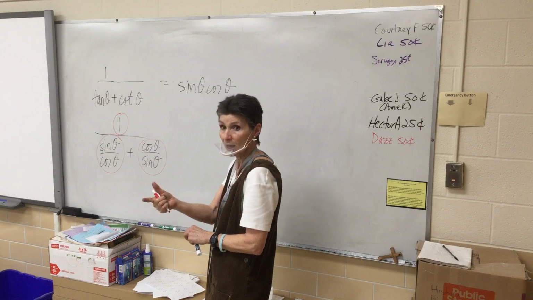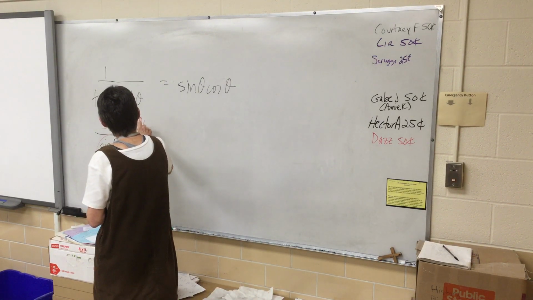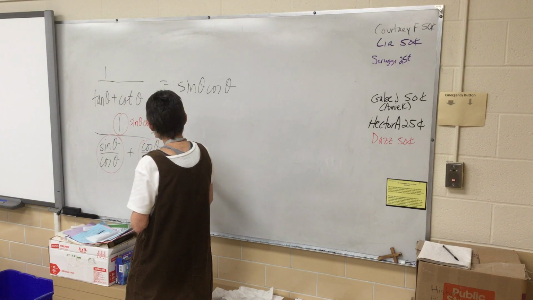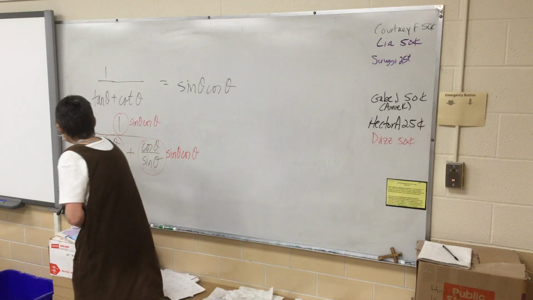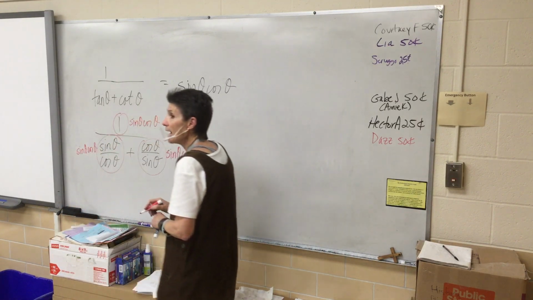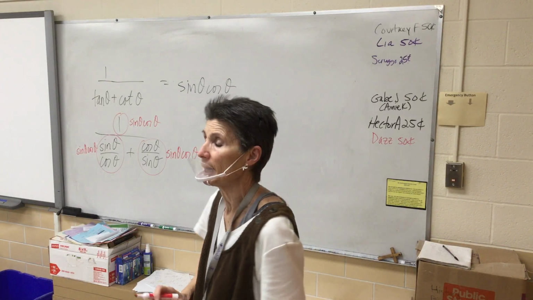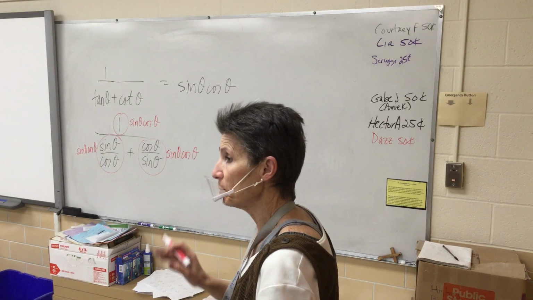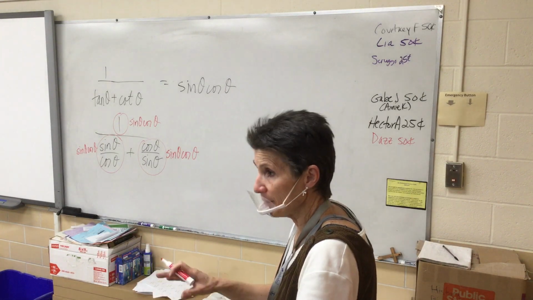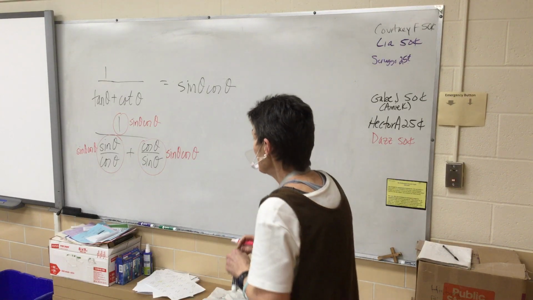Sine, cosine. So simply multiply each little fraction by the common denominator. So we're not getting a common denominator, we're not inverting and multiplying, we're simply multiplying everything by the common denominator of the individual fractions.